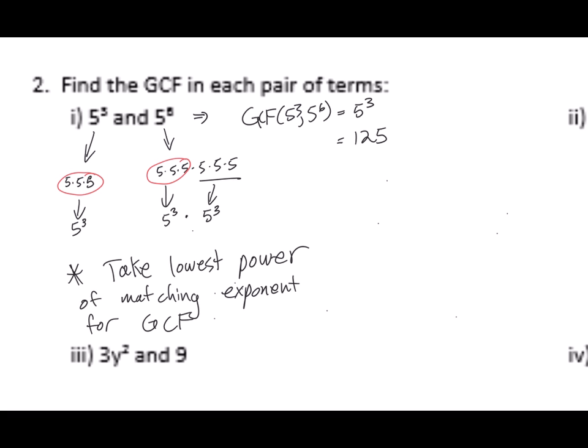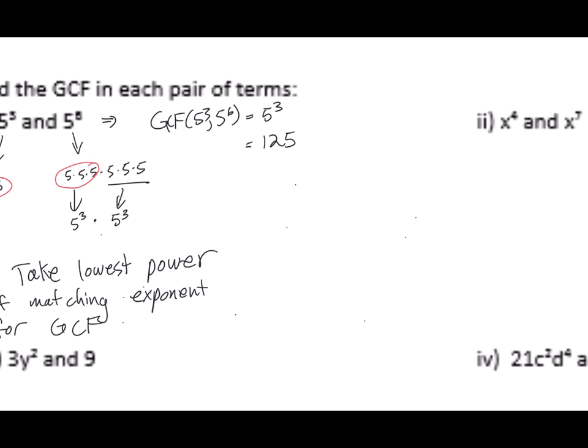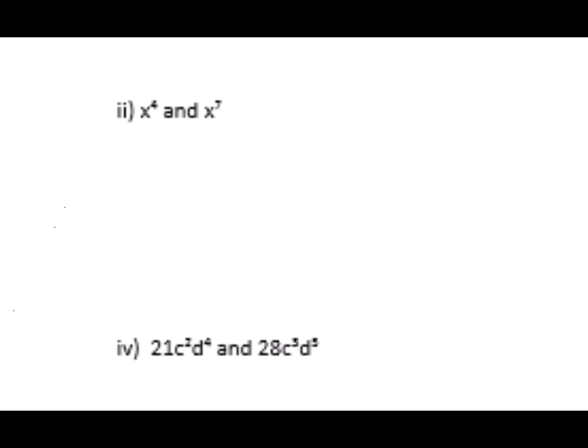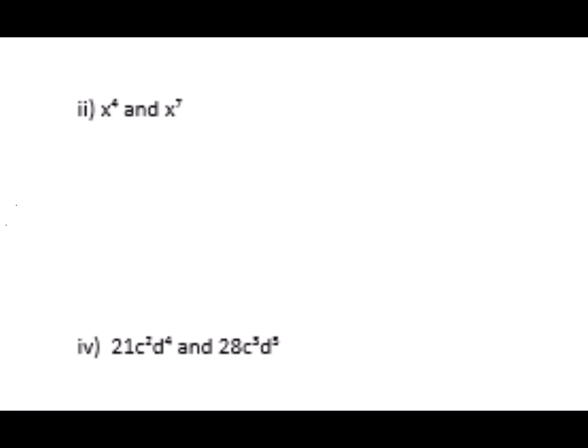And now, that's a pretty easy topic to understand. Let's take a look at what happens when instead of having numbers, we have variables. Now, this here says x to the 4 and x to the 7. So I need to know the GCF of x to the 4 and x to the 7.